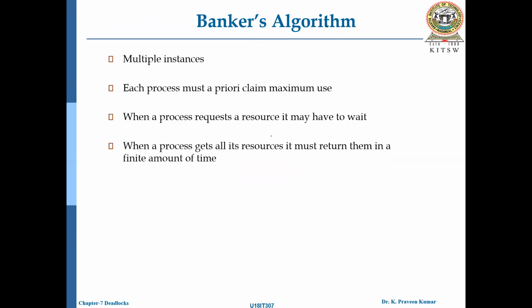Right. So coming now to Banker's algorithm. Banker's algorithm is a resource allocation and deadlock avoidance algorithm that tests whether the system is in a safe state or not. There are some data structures used to implement Banker's algorithm.